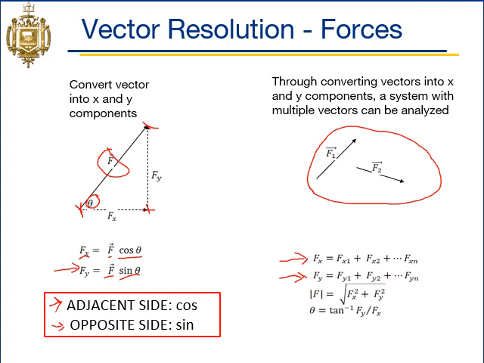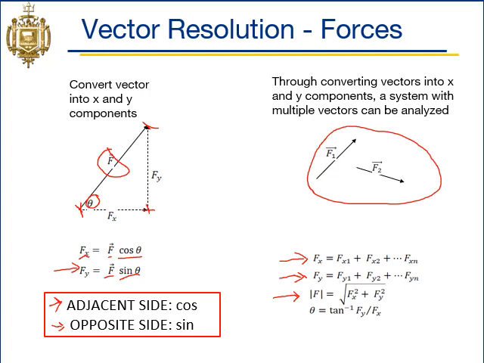So we'll have the magnitude of the x and y components of those vectors, and once we have those, we can find the magnitude of the entire vector. The absolute value of the magnitude is going to equal the square root of the x component squared plus the y component squared.